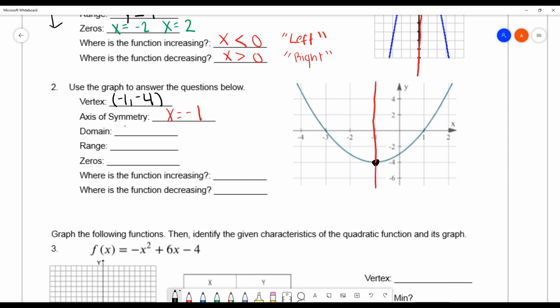The domain, again, is going to be all real numbers. Your range, since this one is the lowest point, my graph can be anything above it. Y is going to be everything greater than or equal to -4. And then my 2 zeros are going to be at -3 and 1.